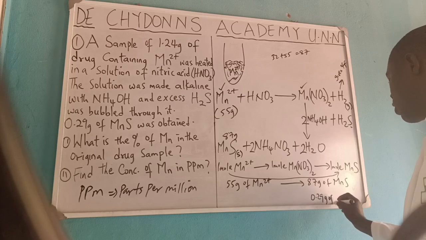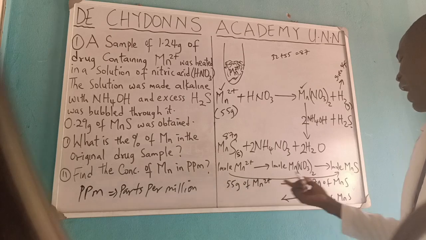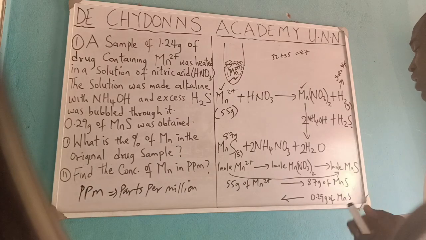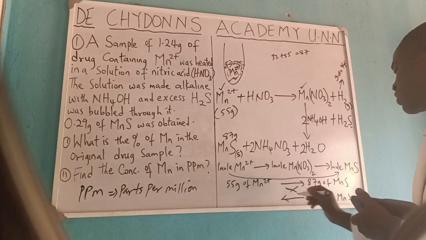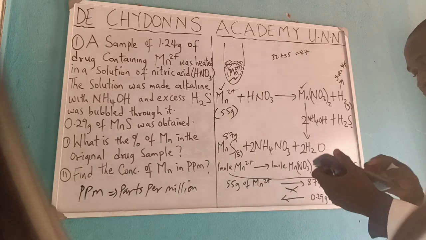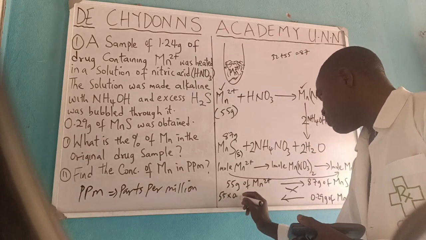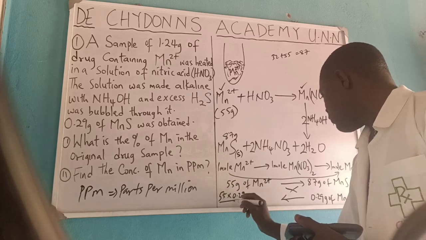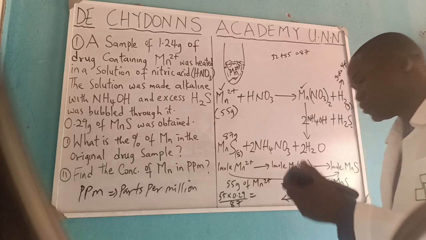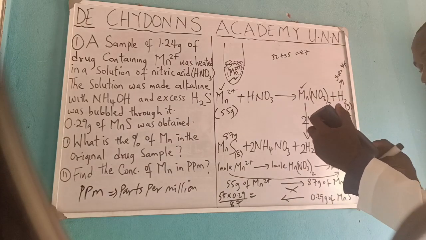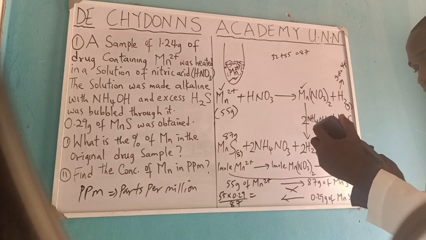Then 0.29 gram of manganese sulfide will produce X. And how do we get the X? You use your calculator and cross multiply. Cross multiplying, we have this times this divided by 87. 55 times 0.29 all over 87 equals 55 times 0.29 divided by 87.